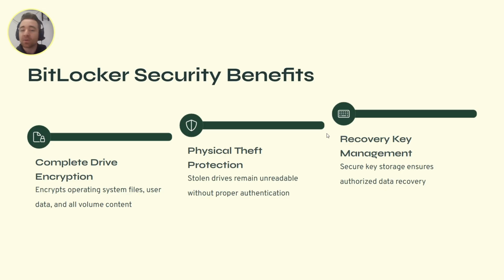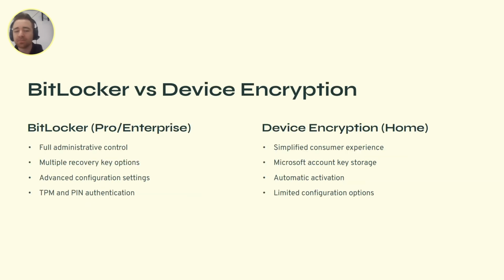Basically, BitLocker encrypts your drive. If someone steals it, they're not going to get your data. That's pretty much it. So, what's the difference between BitLocker and device encryption? We talked about how for Windows 11, Home has the basic functionality of BitLocker, but it doesn't have the full functionality. So this is where we're going to expand on that a little more.